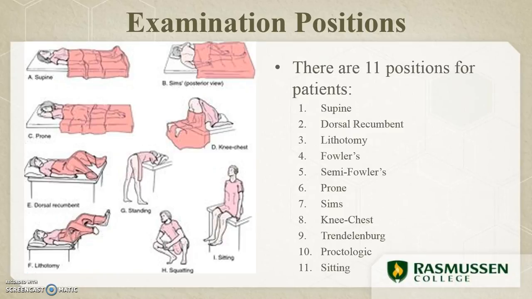And there are 11 positions that you will be responsible for knowing. Those are supine, dorsal recumbent, lithotomy, Fowler's, semi-Fowler's, prone, Sims, knee chest, Trendelenburg, proctologic, and sitting. So please make sure you review those in your book, as well as the descriptions of each of those.